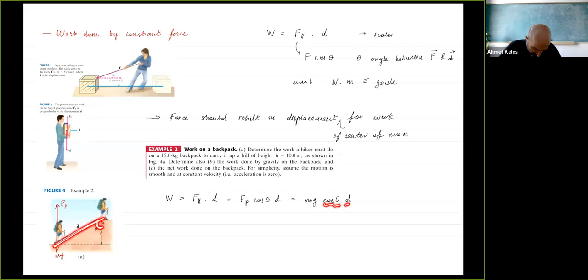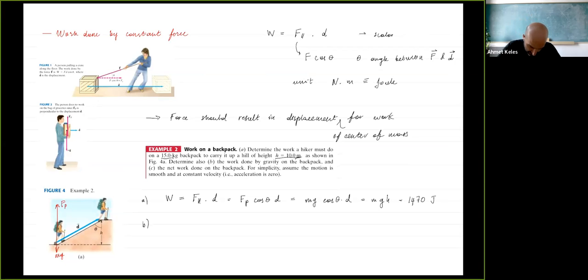If you project this d to here, you properly define h. So I can write it as mgh. If you put the numbers, h is equal to 10 meters, the backpack is 15 kilograms, and g is 9.8. I found something like 1470 joules, right? And so this was A.